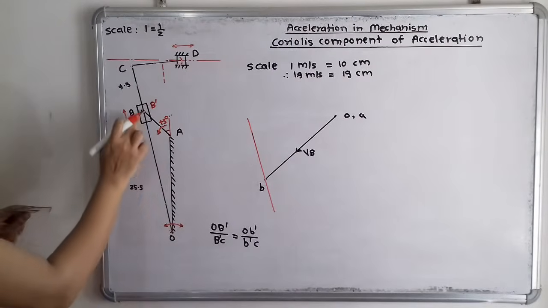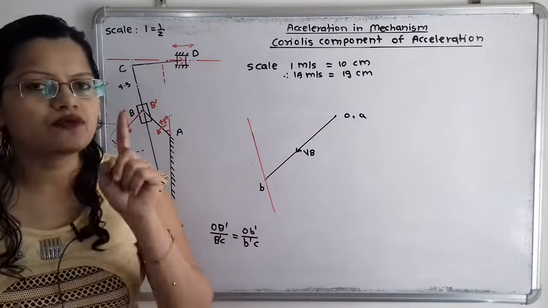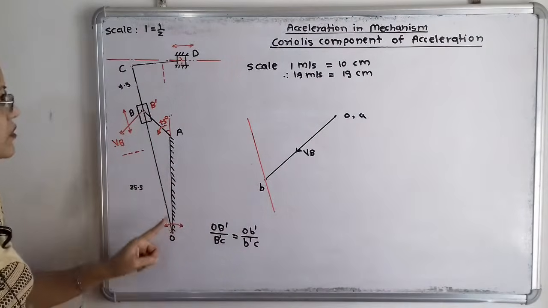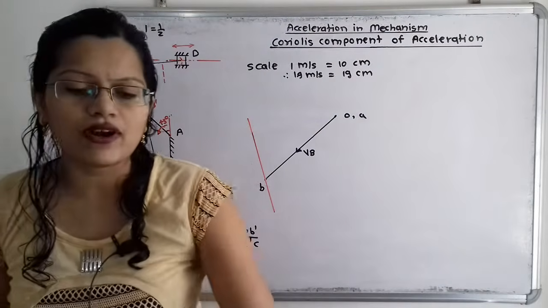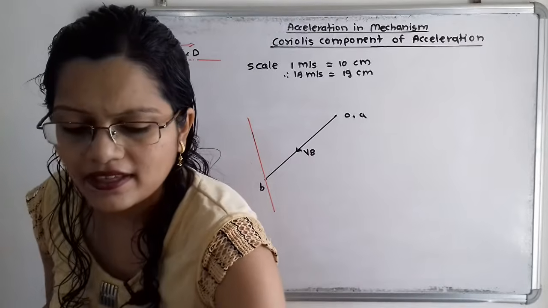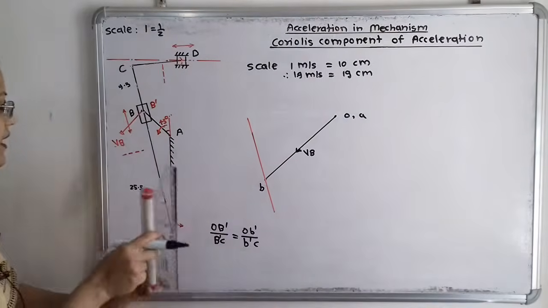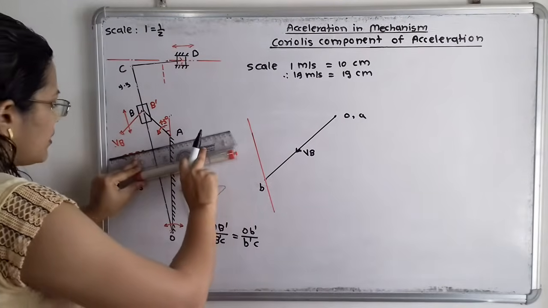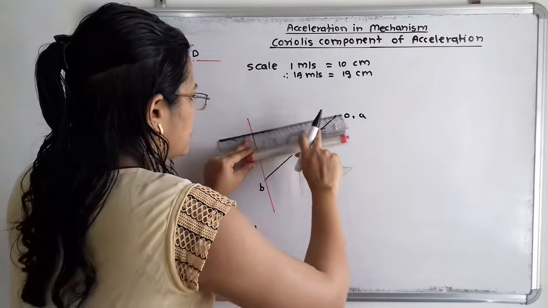This line is perpendicular to the link OC. For link OC, one point is O, the fixed point, and the other point is C. So again I have to draw one line parallel to this construction line but passing through the point O. So transfer this motion.